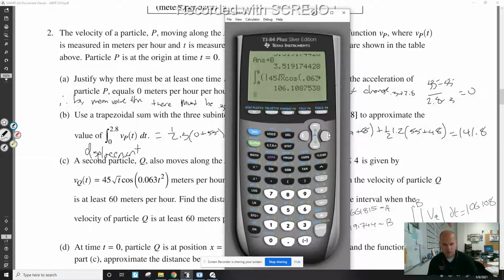Watch, if I do the same thing, but I delete the absolute value, I'm going to get the same value. It's because the velocity is not negative. The velocity is positive. It's bigger than 60. I delete the absolute value, I get the same number. When velocity is positive, distance and displacement are the same. It's when velocity is negative that displacement and distance are going to differ.